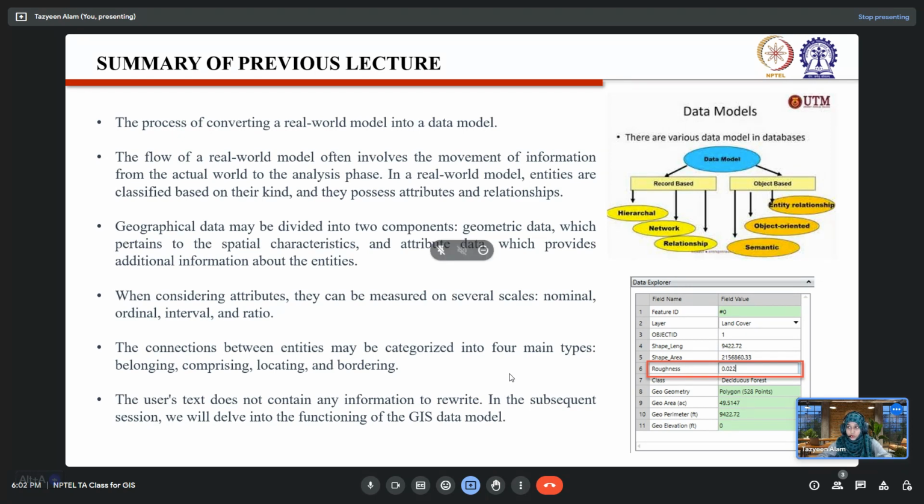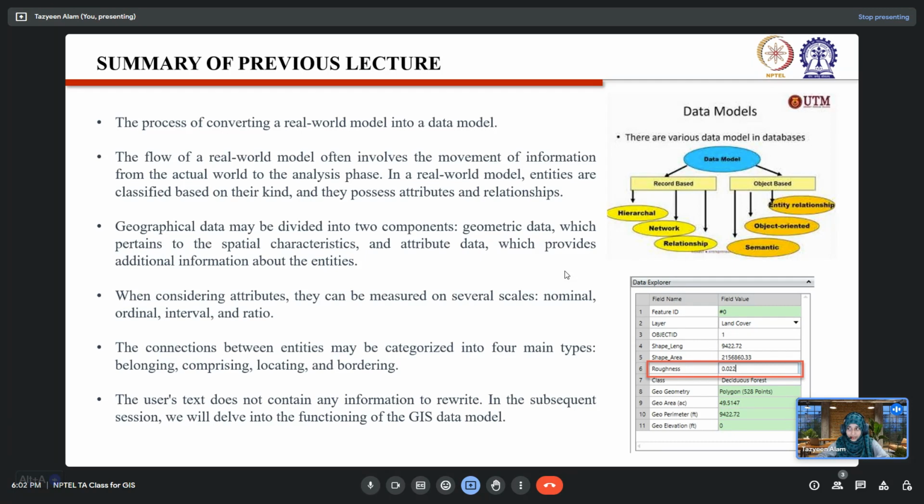So from the actual world, we are taking it to the analysis phase. In a real world model, entities are classified based on their kind, and they possess attributes and relationships. So we tried to understand the basics of these attributes and relationships. Next, we understood that geographical data may be divided into two basic components. First is the geometric data, and the second is the attribute data.